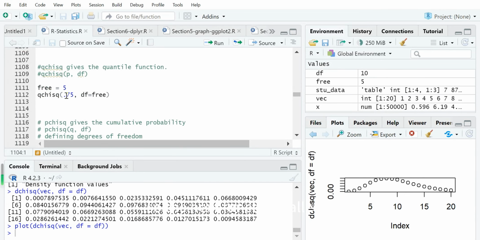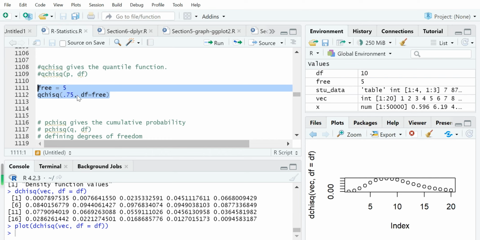The next function is called qchisq, which means to calculate a critical value in terms of a cumulative probability. So we set the degrees of freedom to 5 and set the p.